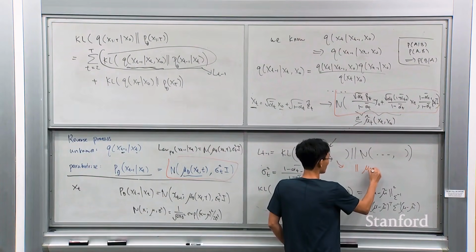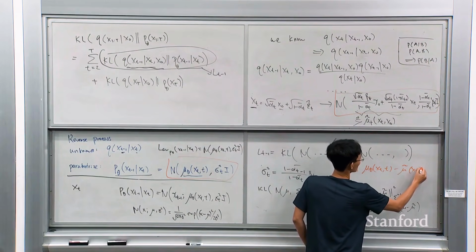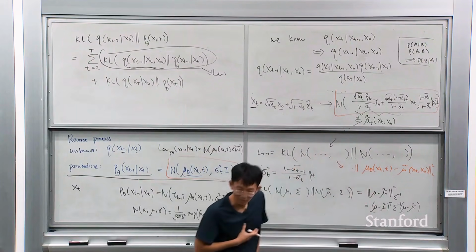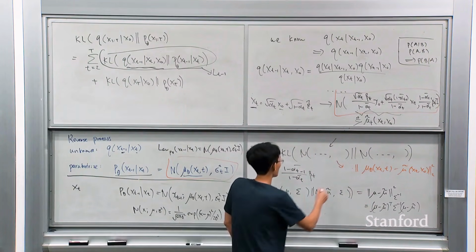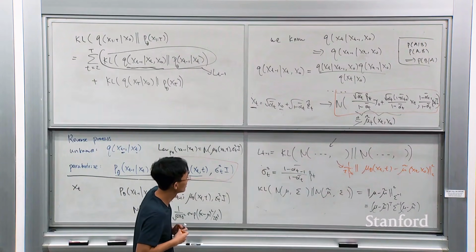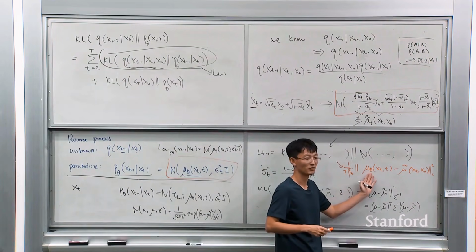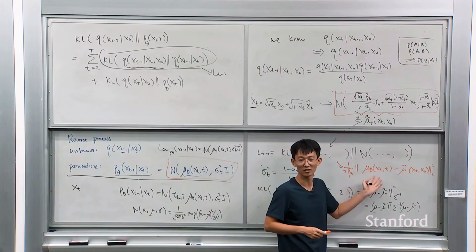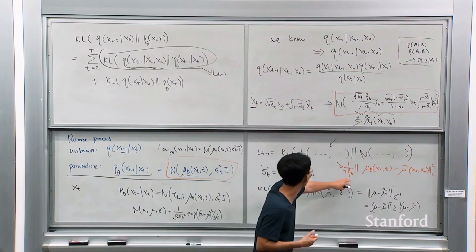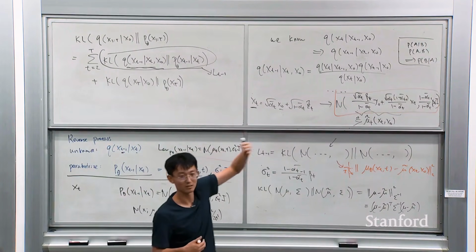So you get the norm squared of mu_theta(xt, t) minus mu tilde(xt, x0), with some coefficient, I think 1 over 2 beta_t tilde. So now you have a very concrete formula for the loss function, which is a function of theta, and you can minimize this loss function. You minimize this because there is a minus sign in front of the KL somewhere, and you're maximizing the lower bound.